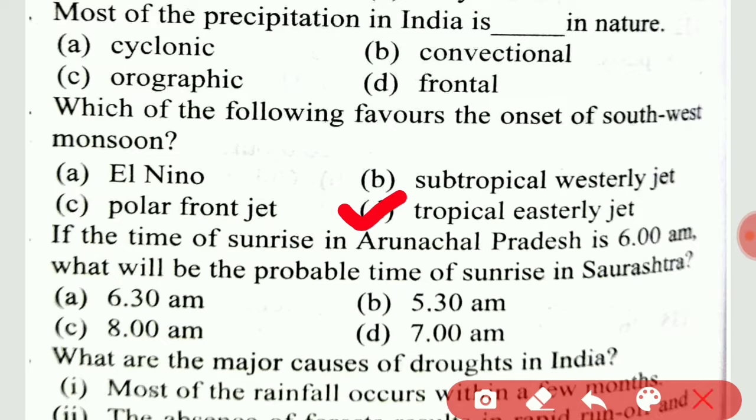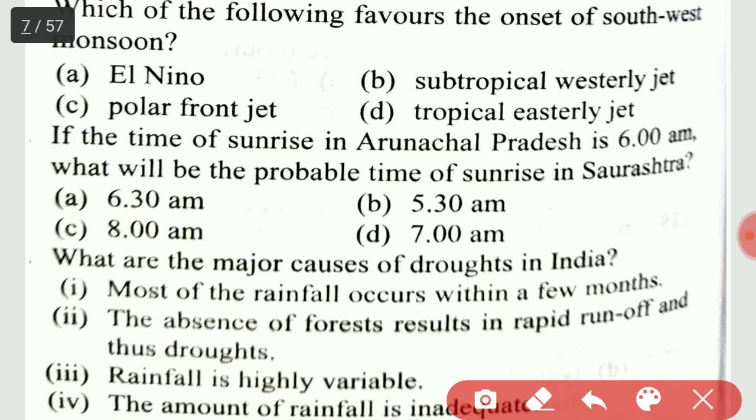Tropical easterly jet. Next, if the time of sunrise in Arunachal Pradesh is 6 a.m., what will be the probable time of sunrise in Saurashtra?